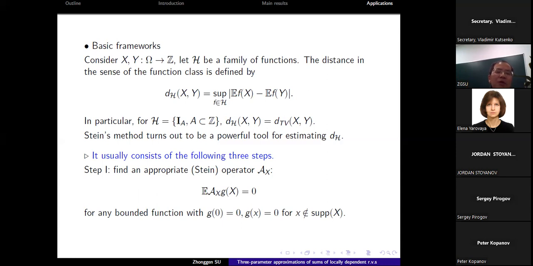Stein's method usually consists of the following three steps. Step 1 is to find a good Stein operator, such that this equation holds true.